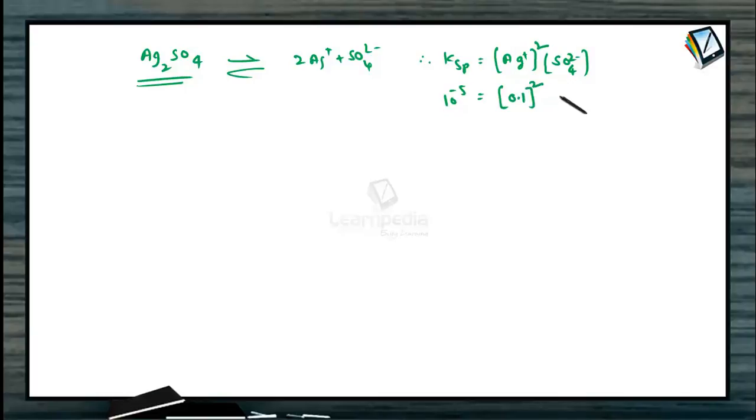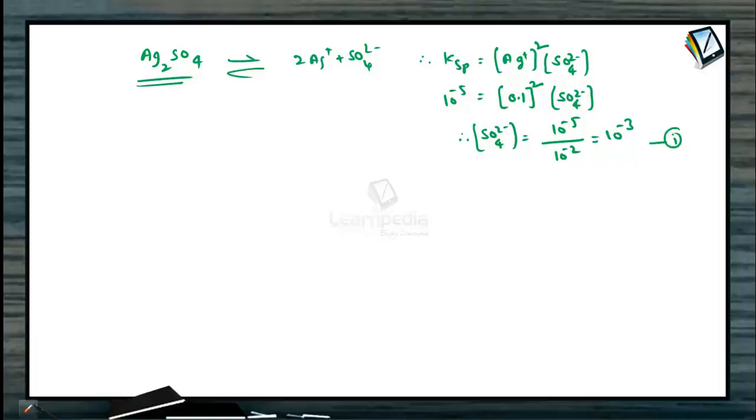Now sulfate ion concentration I have to work out so that Ag2SO4 can be precipitated. So SO4 2- concentration needed is equal to 10 to the power of minus 5 by 0.1, that is 10 to the power of minus 1, to the power of 2, 10 to the power of minus 2. In other words, it is 10 to the power of minus 3.